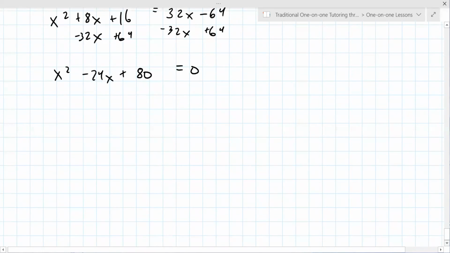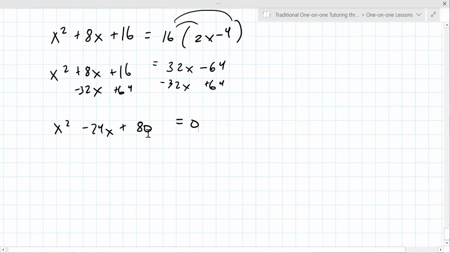So now we're looking for two numbers that multiply to 80 but add up to negative 24. That isn't gonna work. Let me check that.